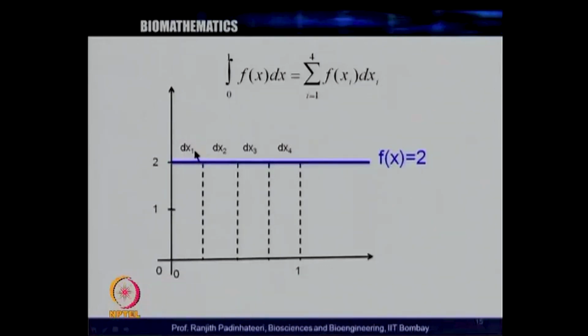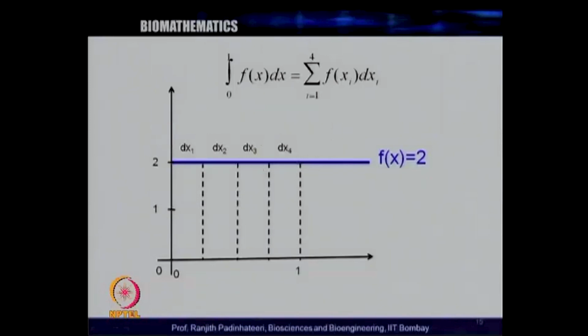The width is dxi and the height is the function f of x. So f of x1 dx1 plus f of x2 dx2 plus f of x3 dx3 plus f of x4 dx4 gives you this area, and this is nothing but this integral. So this integral is the area under this curve.